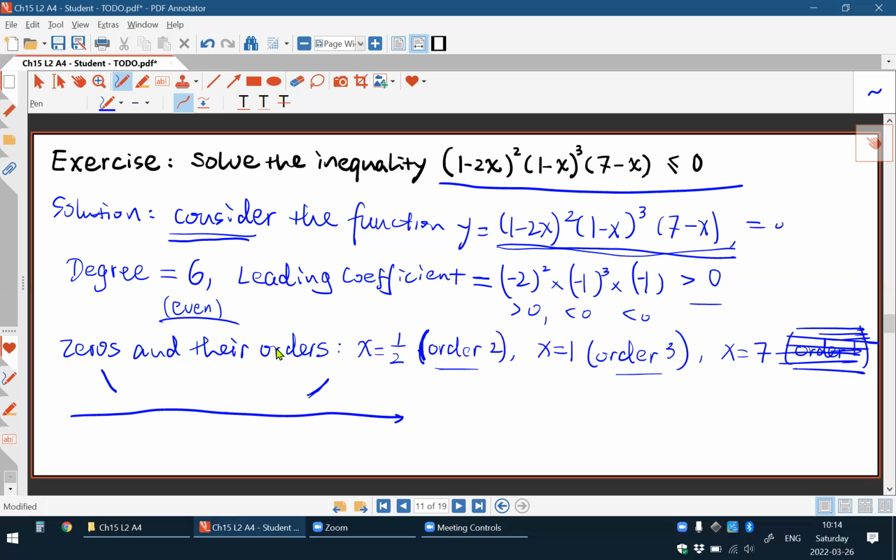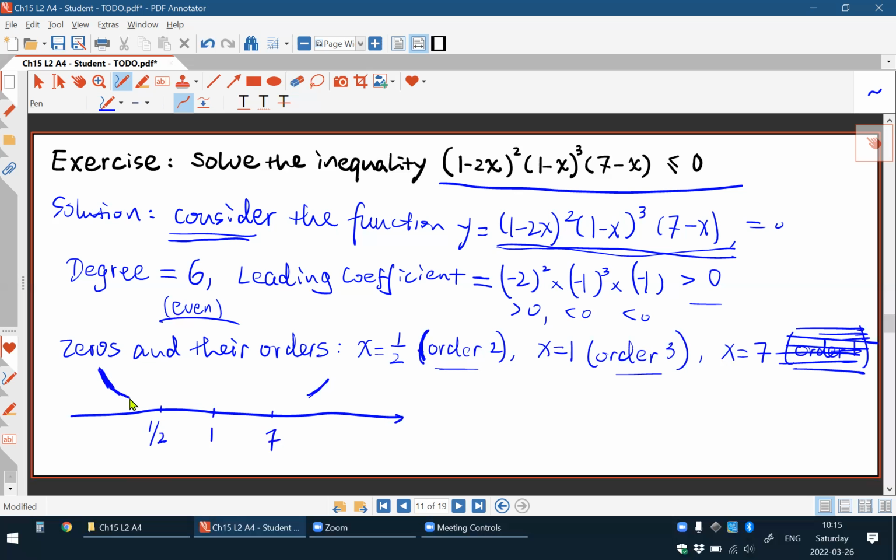Then let's consider the behavior in the middle. First, we can mark all the zeros: 1/2, then 1, then 7, right? Again, it's not necessary to scale as long as you keep the elements in their correct relative positions.